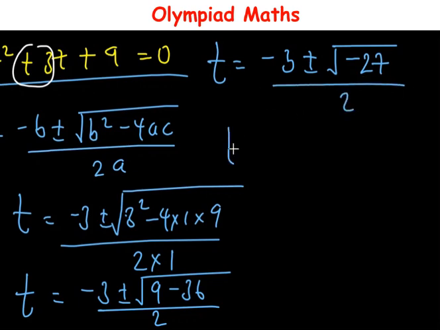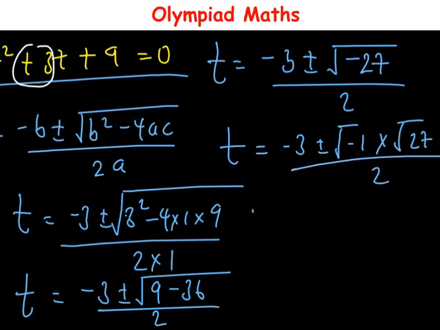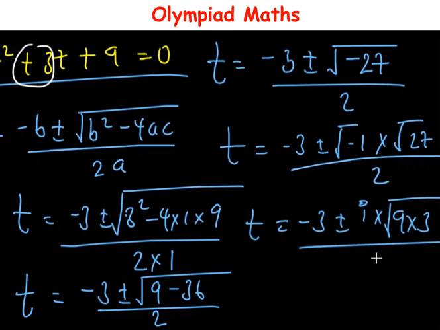So t is equal to minus 3 plus or minus, we can express root minus 27 as root minus 1 times root 27, all over 2. So t is then equal to minus 3 plus or minus root minus 1 is i, times root 27, which can be written as root 9 times 3, all over 2.